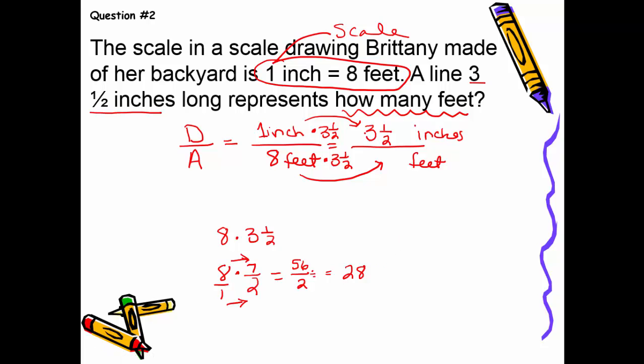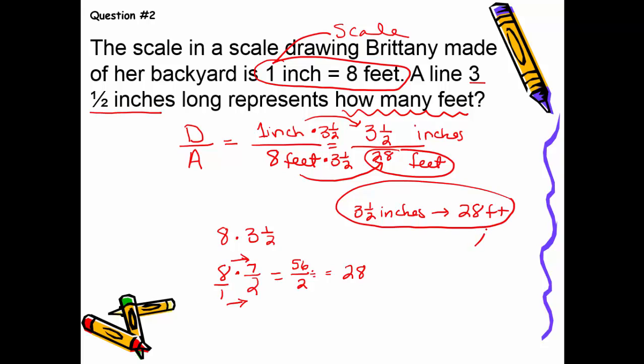Hopefully you're using your calculator or pausing the video and doing the calculations longhand. So that tells me 3.5 inches on our drawing corresponds to 28 actual feet in our backyard. Please make sure you include your units of feet on your final answer.